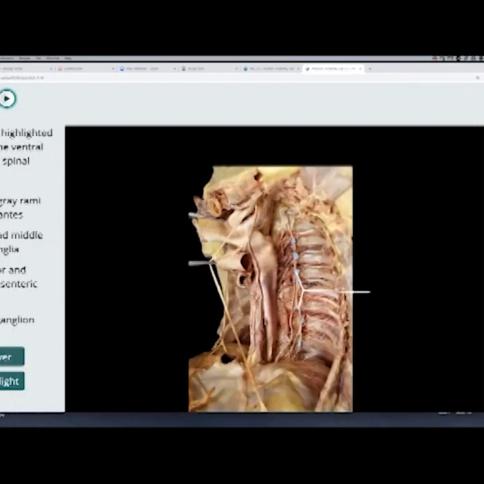Okay, so what joins the highlighted structure to the ventral rami of the nearby spinal nerves? Now these are your ganglia, your sympathetic ganglia. What joins the sympathetic ganglia to the ventral rami of the spinal nerves?